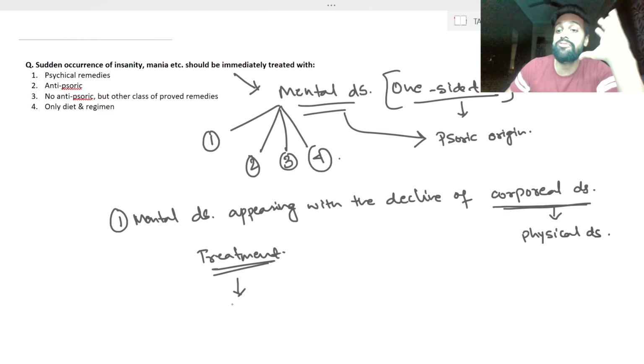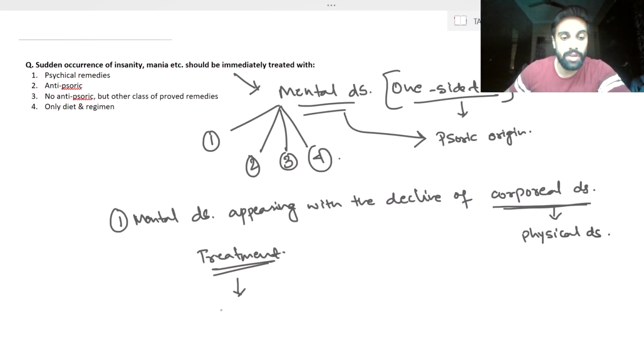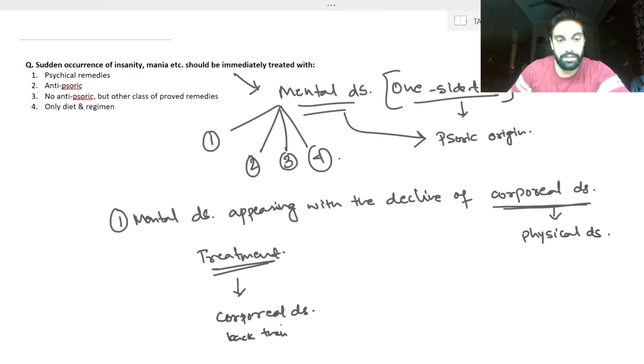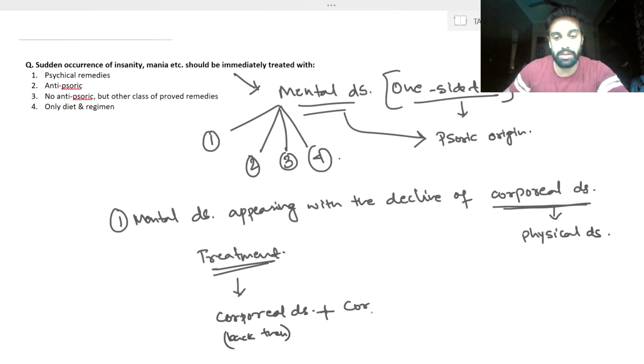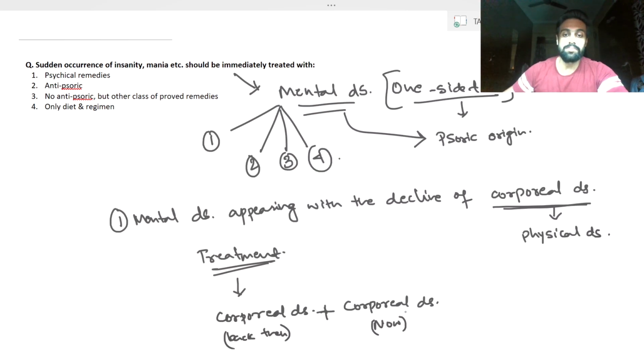What was the state of that corporeal disease? So corporeal disease back then, plus the present state of the corporeal disease, means the corporeal disease now.